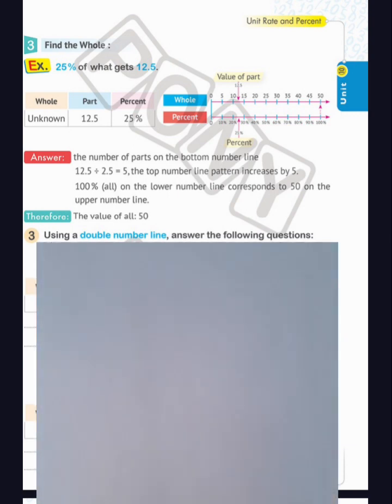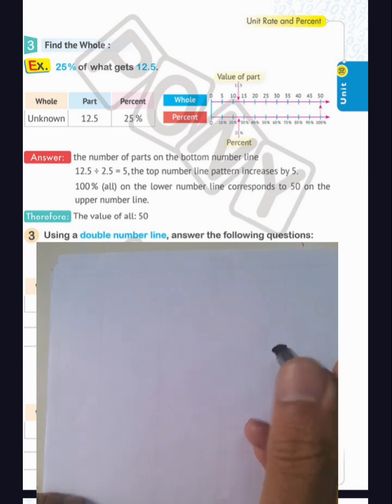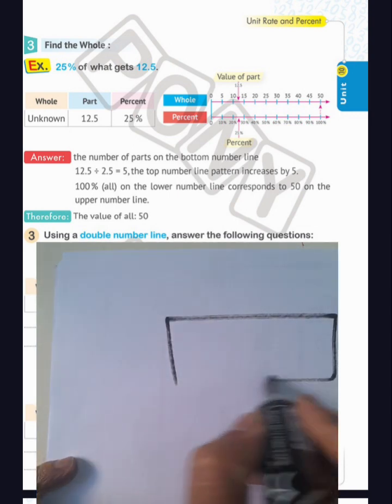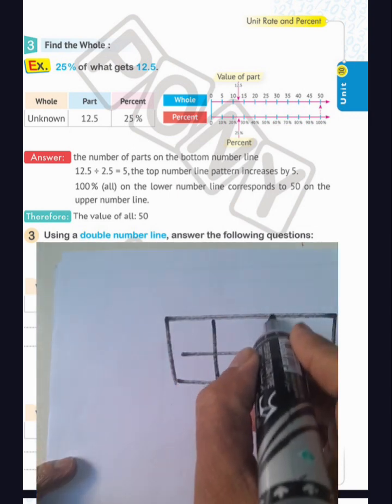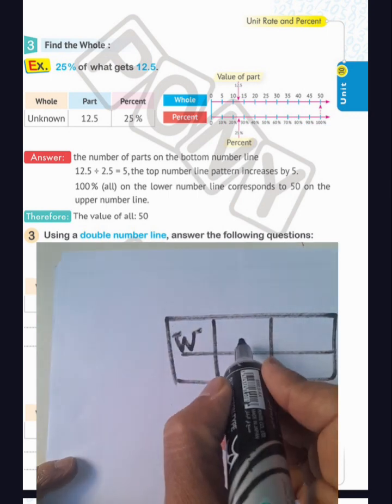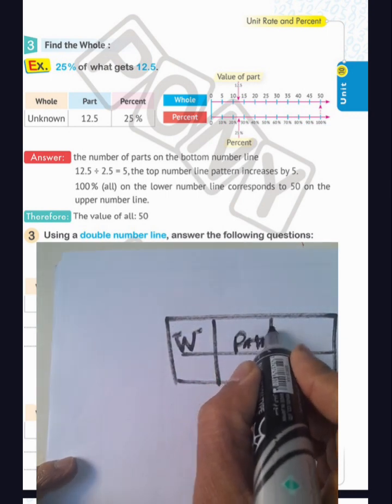Okay, I will solve this example again to understand. Pay attention to the steps of this example. I will explain it again. Okay, understood? First step, in this example, we draw the table here. We write the whole number and the part and the percent.